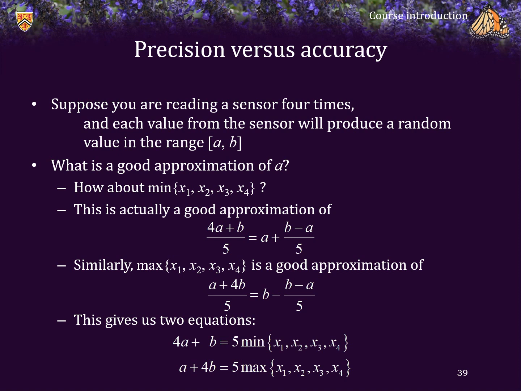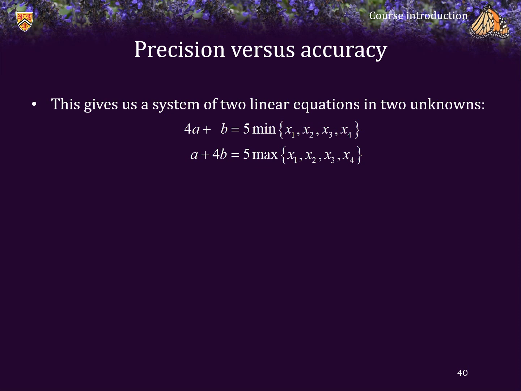However, both of these now give us 2 equations. If we multiply both sides by 5, we have these 2 equations. This now gives us 2 linear equations in 2 unknowns.